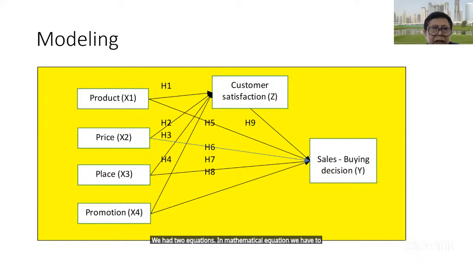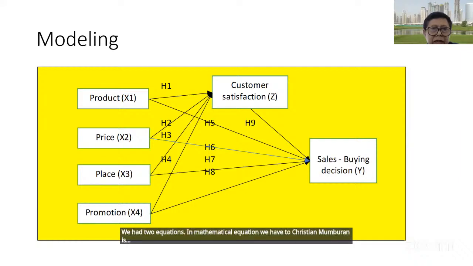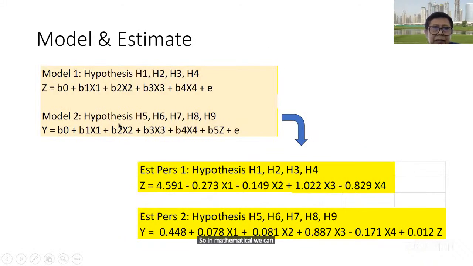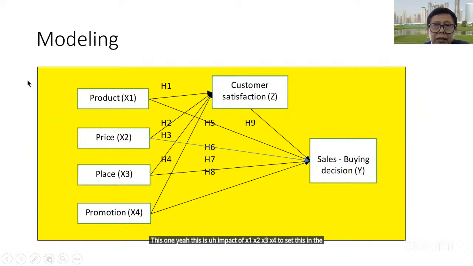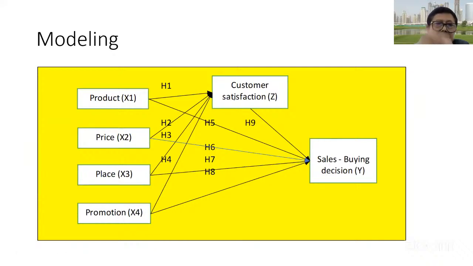Equation number one is the independent variables X1, X2, X3, X4 impacting customer satisfaction. So in mathematical form, we can write it like this: the impact of X1, X2, X3, X4 on Z. Z means customer satisfaction.